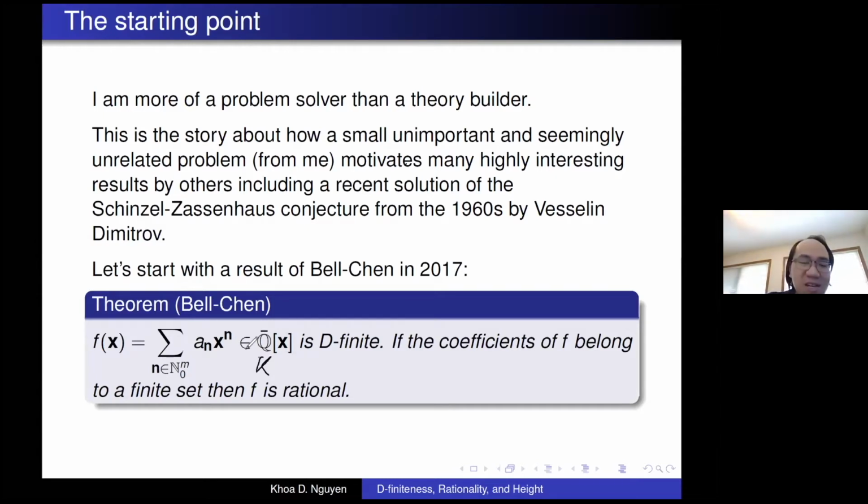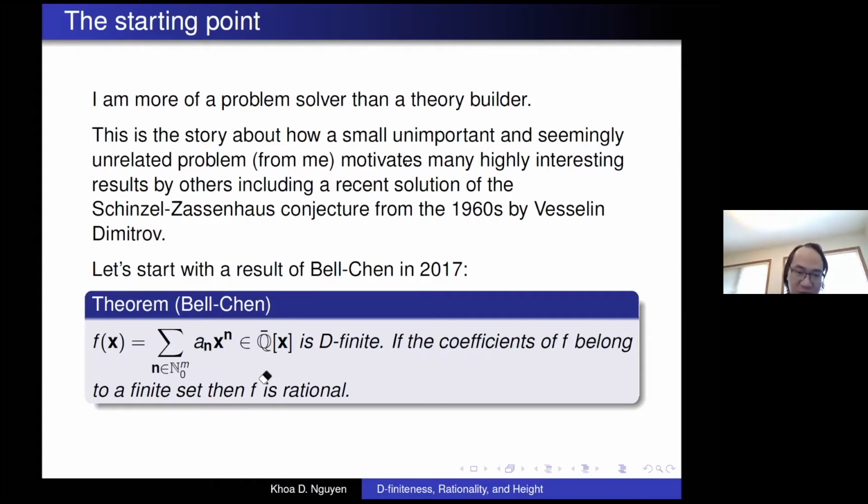But it's not important because you can do specialization, so you can reduce it to Q bar. So let's just say that this guy has algebraic coefficients. Now, if the coefficients of f belong to a finite set, then f is rational. So that's the conclusion.